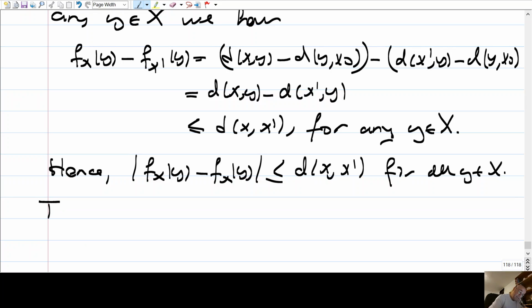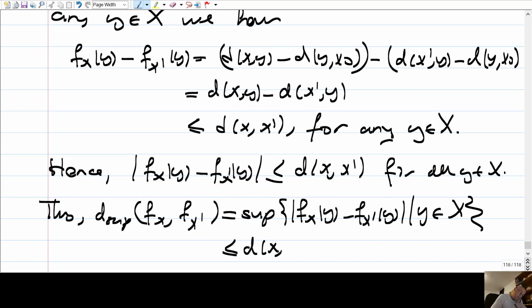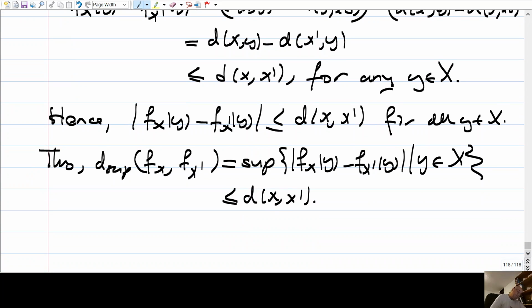Thus, d sup of fx and fx prime, the supremum metric, which is just the supremum of all these expressions, is less than or equal to d(x, x prime).